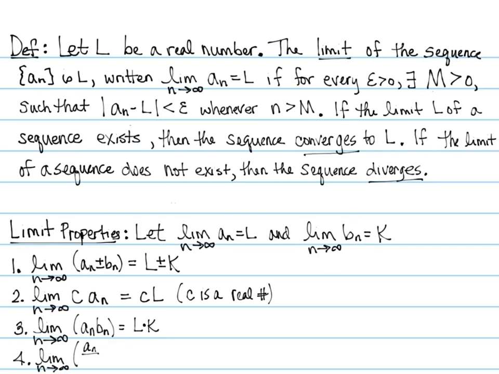Division. So if you have a sub n over b sub n, what would you expect it to be? L over k. However, division always has the possibility that you could have a denominator 0, so obviously this is not going to exist if b sub n is equal to 0, so b sub n is not 0, and also k can't be 0 for this to make sense, okay?